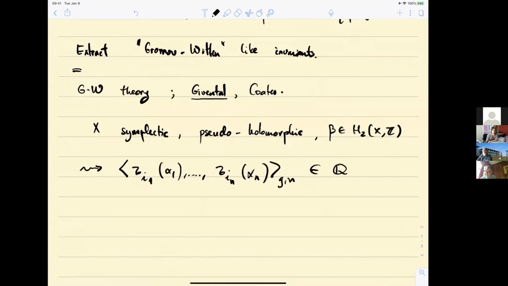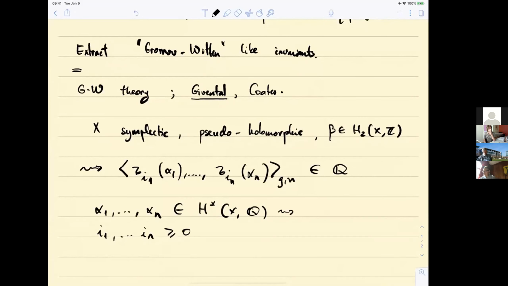Here alpha_1 up to alpha_n are cohomology classes on X, maybe with rational coefficients, and i_1 up to i_n are integers greater than or equal to 0. And you should think of these as insertions from X, and these are measuring psi class insertions.